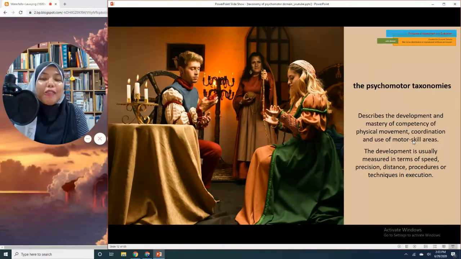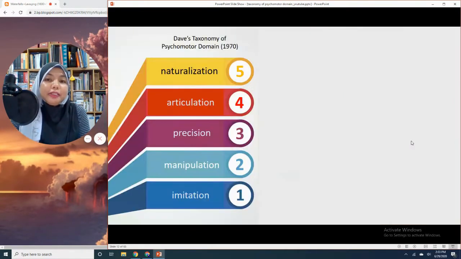Okay. And when we as teachers measure psychomotor skills, these are usually the criteria that we look at in terms of speed, precision, distance, techniques in execution, as well as procedures.